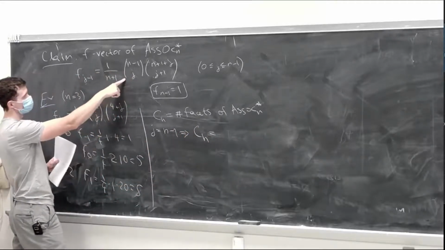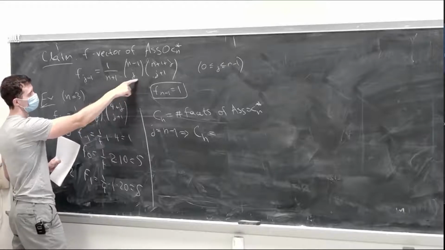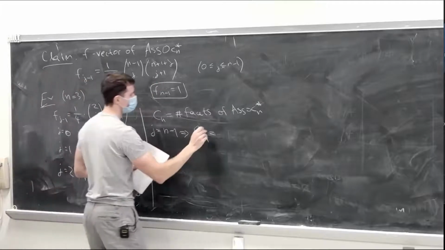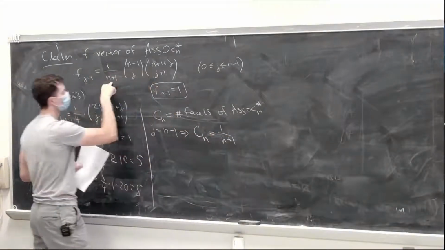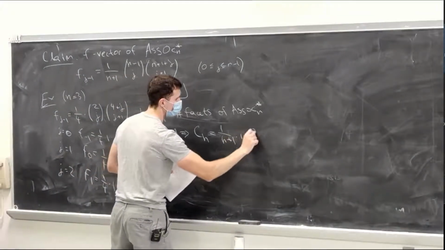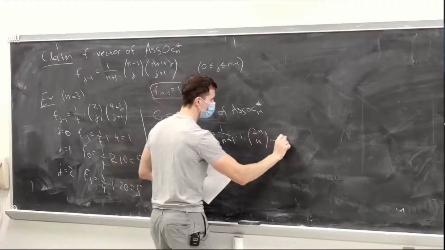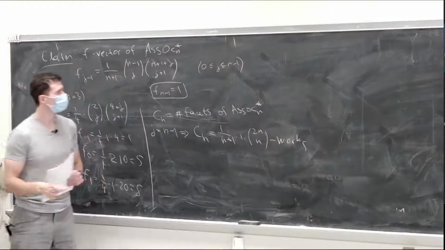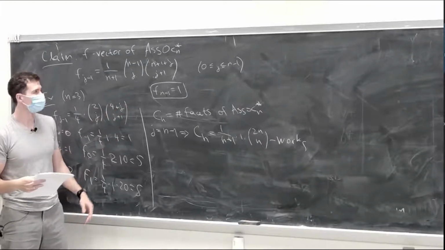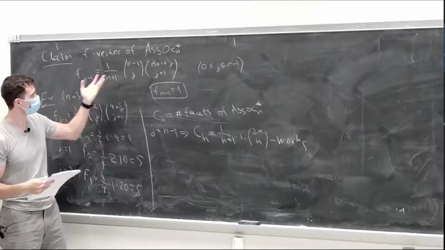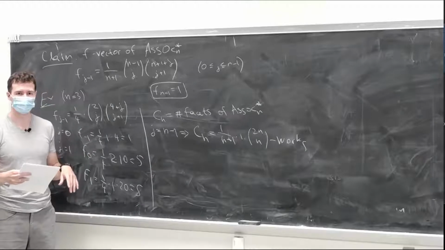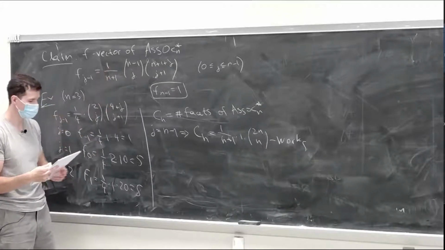If you plug j equal to n minus 1 into this formula, this becomes 1 over n plus 1 times 1 times 2n choose n. So it works. Any questions on this? What we know from the previous lecture is that the f vector is not really the special one. The special one should be the h vector because it's simplicial.